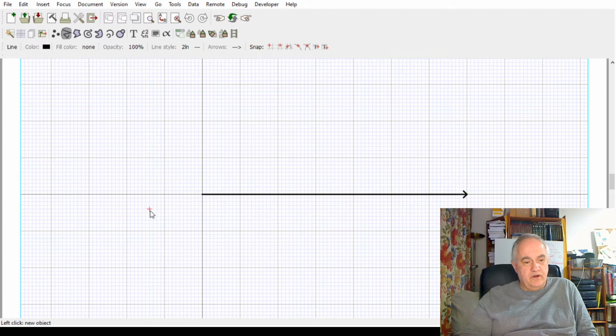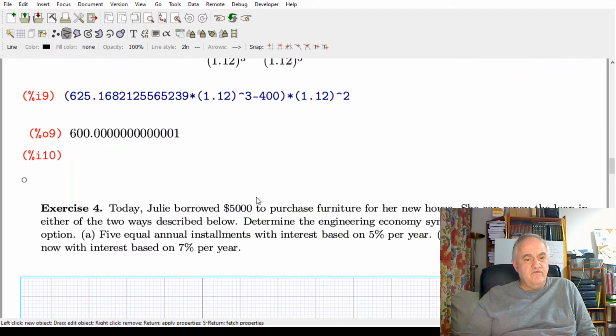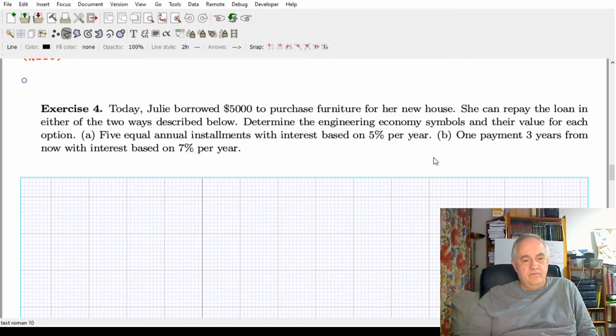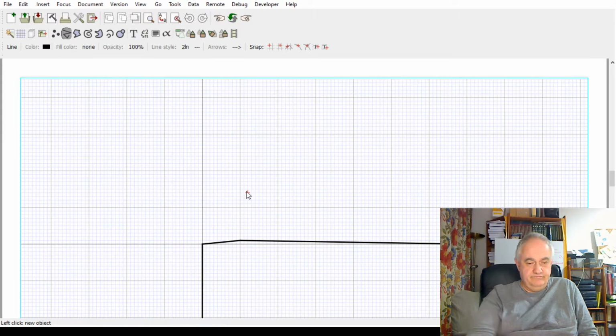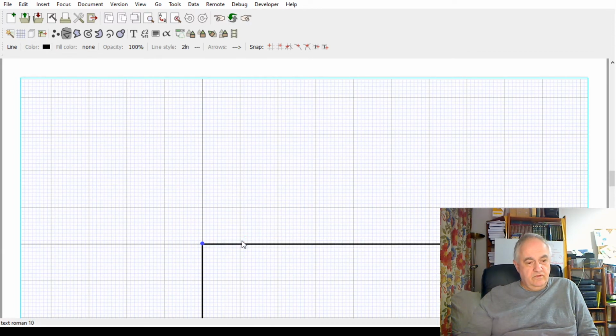Okay, this is the temporal axis. We have 5,000 here. And then we have 5 amounts, an annuity.